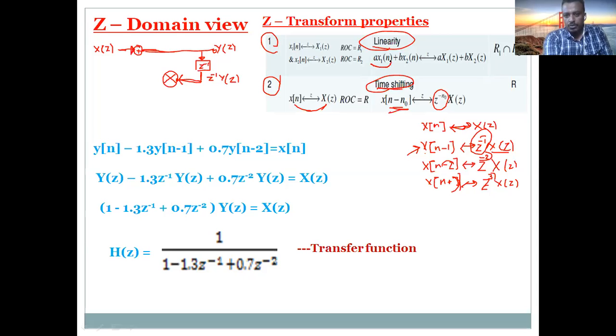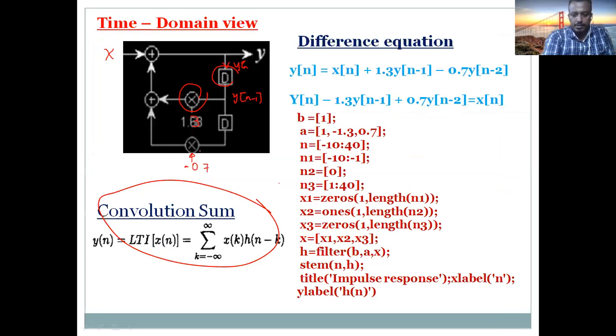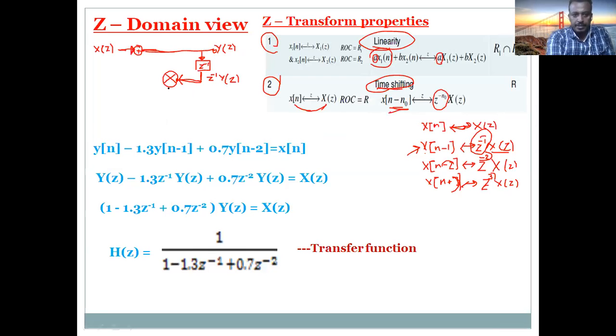When you multiply x1 by some constant a, same X1 of z multiplied by a. So multiplication does not affect Z domain. Same multiplication in time domain here, it's 1.3. We multiply in Z domain by how much? 1.3. It comes here.